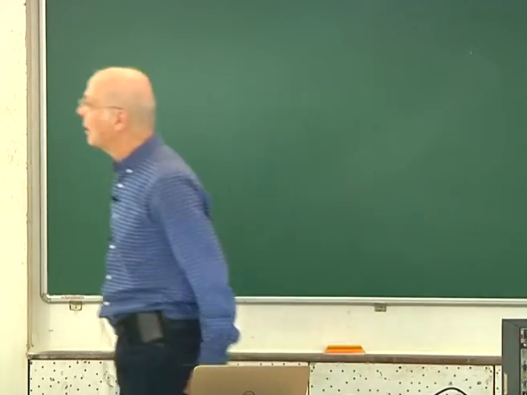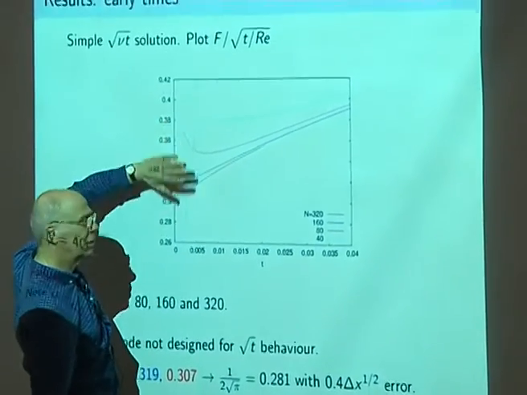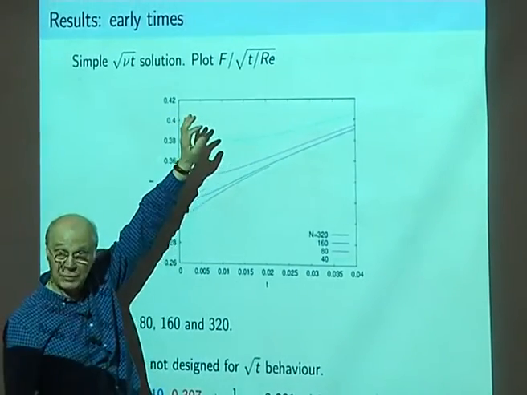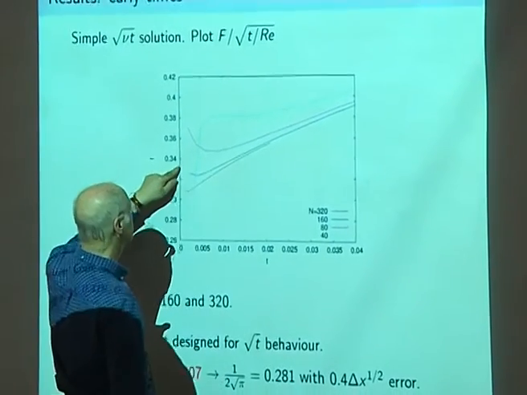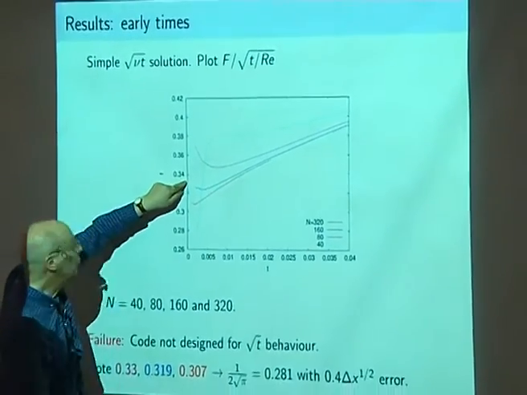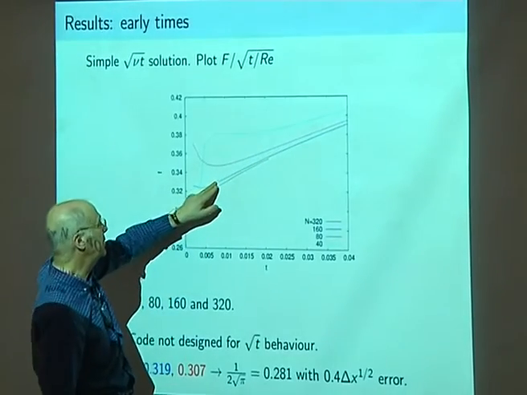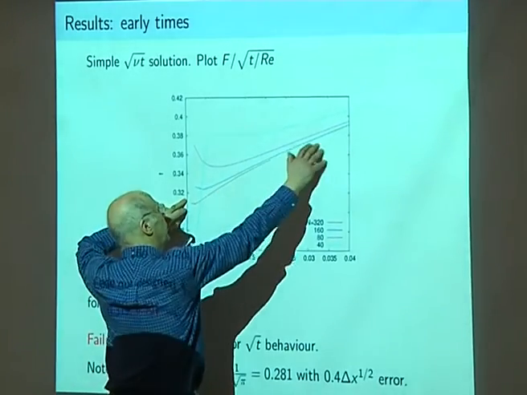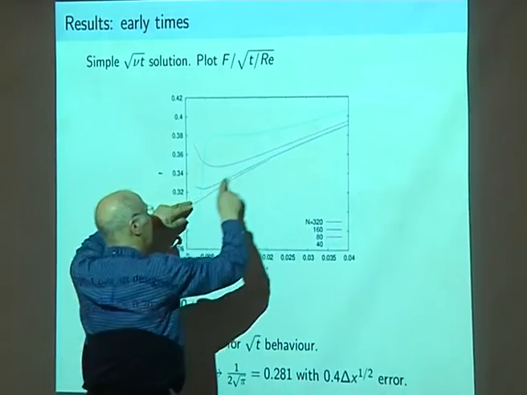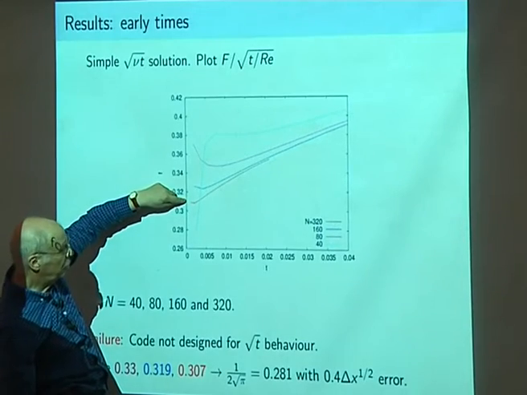So if you look at the purple point and extrapolate this, it's obviously nonsense initially, when we don't have a delta function, we have a numerical delta function. If you extrapolate that to time equals 0, you get 0.33. If you take the blue curve and extrapolate it to t equals 0 carefully, I think I used a quadratic fit to the points out there, I get 0.319.